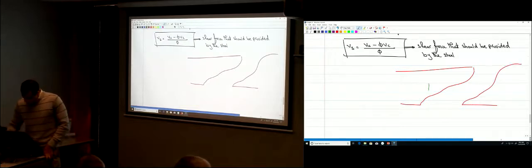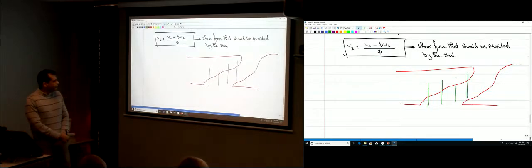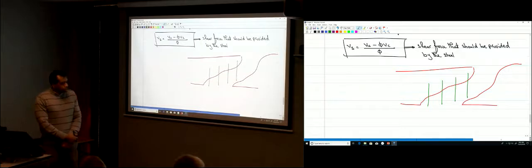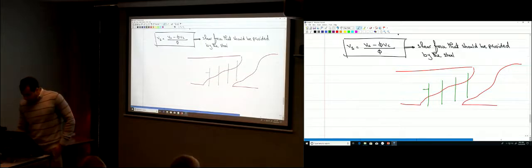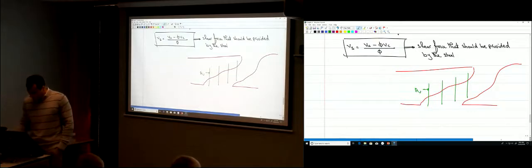So I have my bars, my stirrups, joining the two parts of the section. So this stirrup has an area Av. Okay?